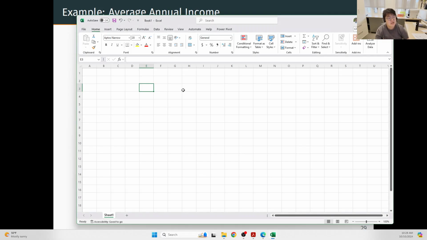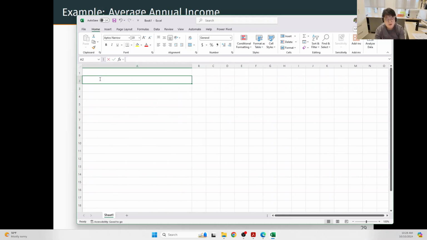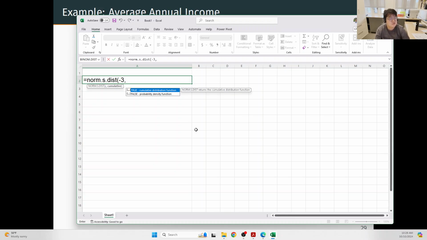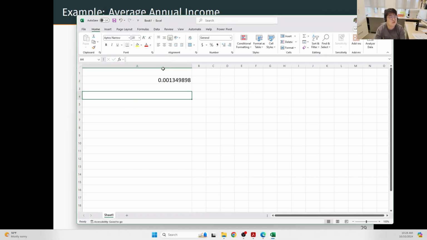You can use Excel, with NORM.S.DIST, the standard normal distribution, with -3 and cumulative set to true. We are looking for the cumulative distribution. That will give you 0.0013 and so on.